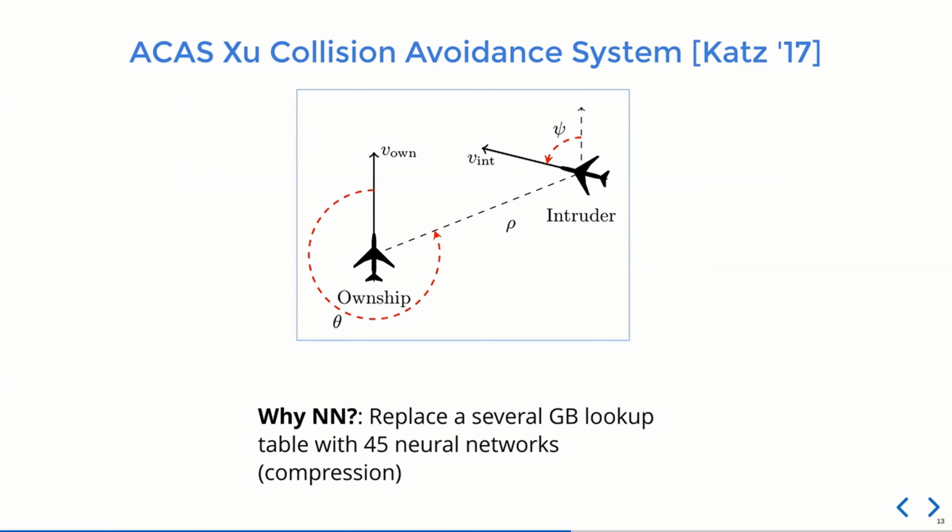The reason they're using a neural network is that they had a large lookup table of rules, and they found that using neural networks gives a nice compression of this. The motivation is that in avionics hardware you can't have too much memory, so this compression might make a difference. But then the question is, you've done the compression and it's not exact, does it still maintain safety of the system?